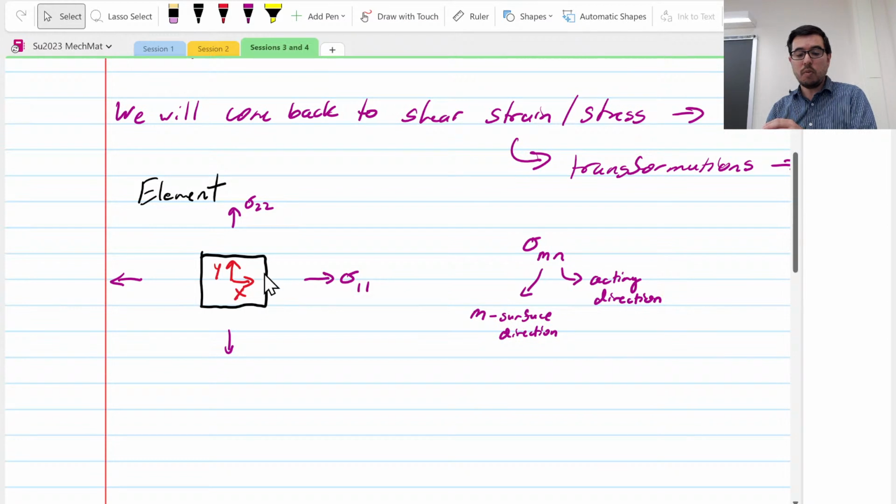And this stress is acting in the one direction, so we call it sigma 1,1. This is a 2 surface, so this is a sigma 2,2.